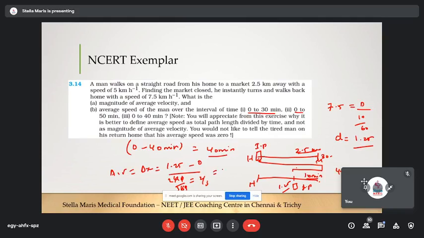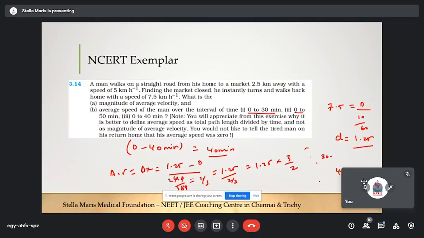So 1.25 divided by 2 by 3 is 1.25 into 3 by 2, which gives 1.875 kilometer per hour. This is the average velocity.